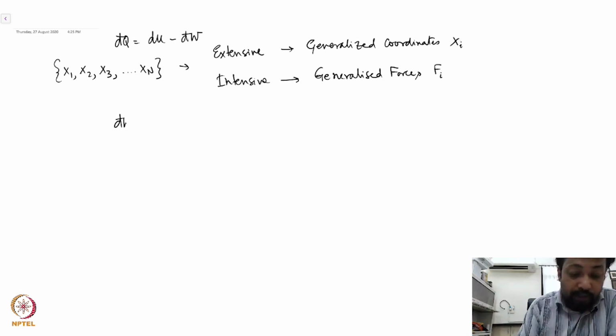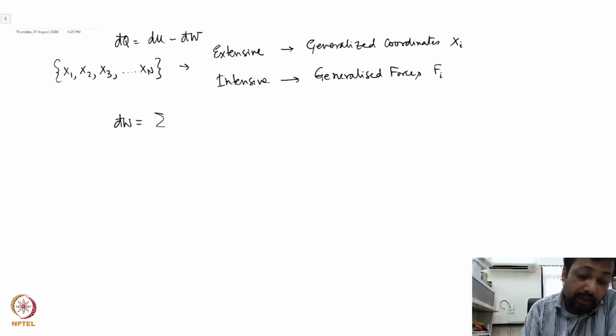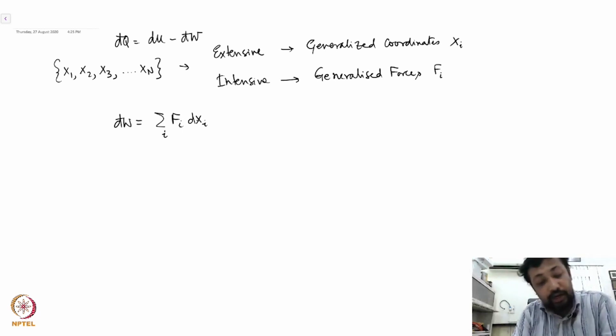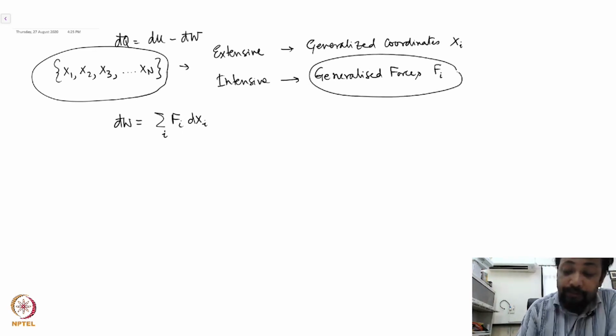So that the work done, and here also I am drawing the analogy from mechanics, is the sum over i of fi dxi. The whole game in thermodynamics is to identify these macroscopic variables and then find out which of these are your generalized forces and which are your generalized coordinates.